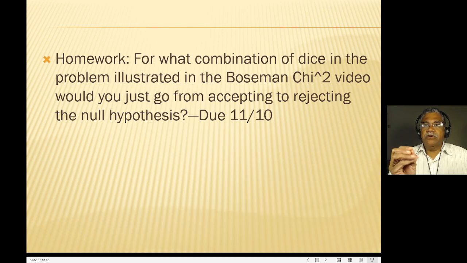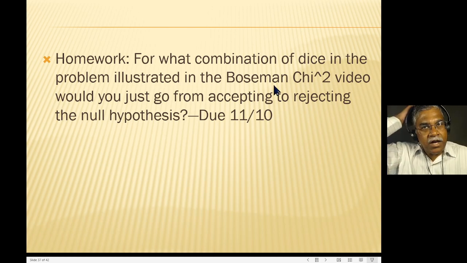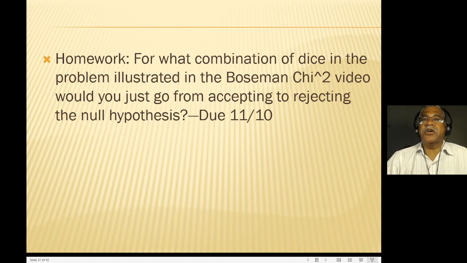The chi-squared number that he calculated led to accepting the null hypothesis. Now you have to come up with a combination of dice that would go from accepting it to rejecting it, showing that there is a statistical significance between the observed and the calculated throwing of the dice.